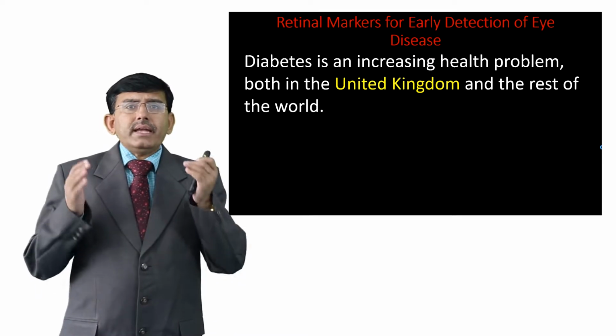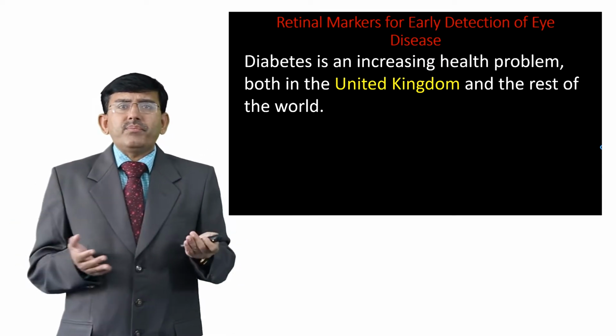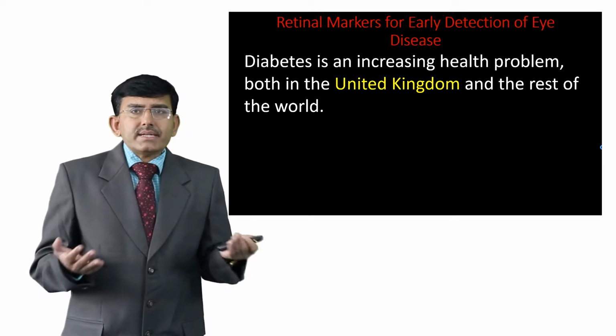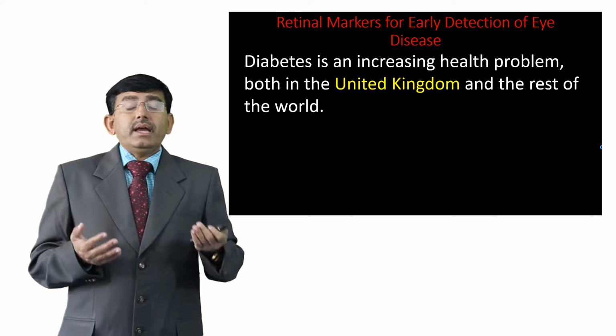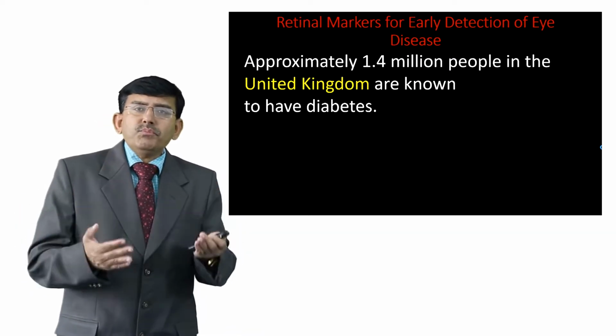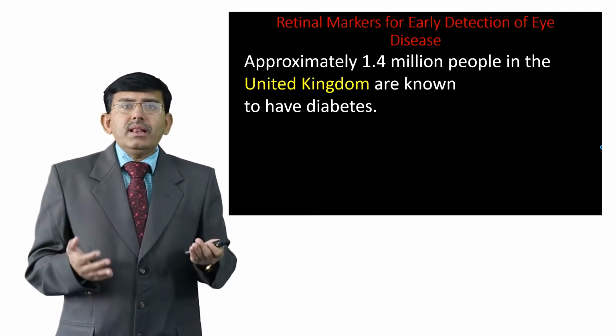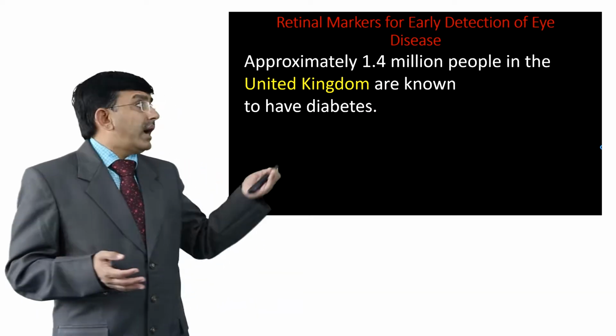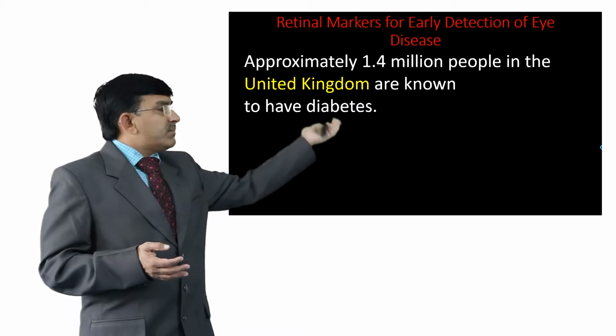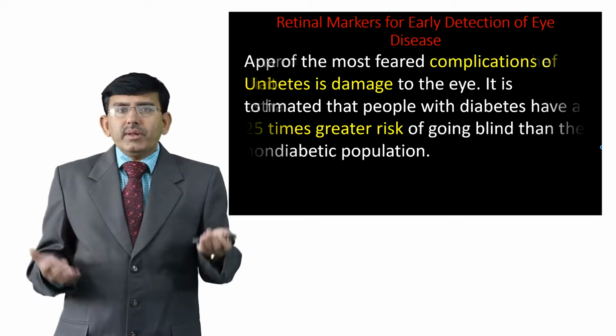Diabetes is an increasing health problem both in the United Kingdom and the rest of the world. Approximately 1.4 million people in the United Kingdom are known to have diabetes.